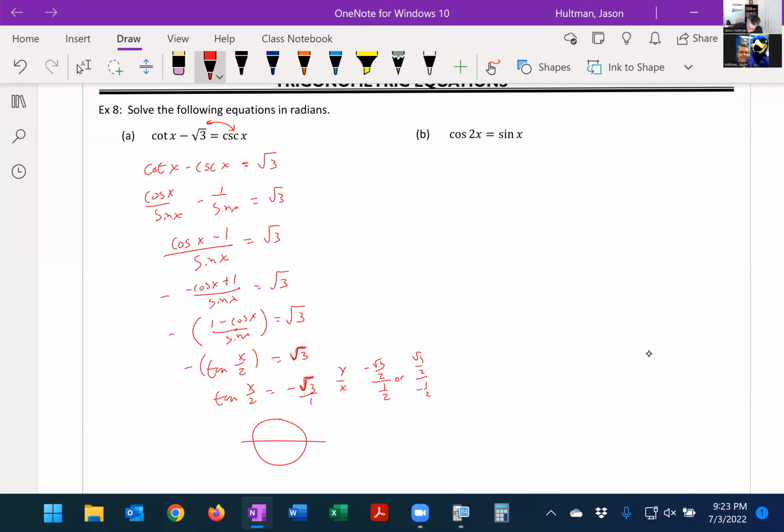Negative y, positive x, that's fourth quadrant. And the y is going to be negative radical 3 over 2, and the x is 1/2. Okay, so that's either there or it's the same thing, but in the second quadrant.